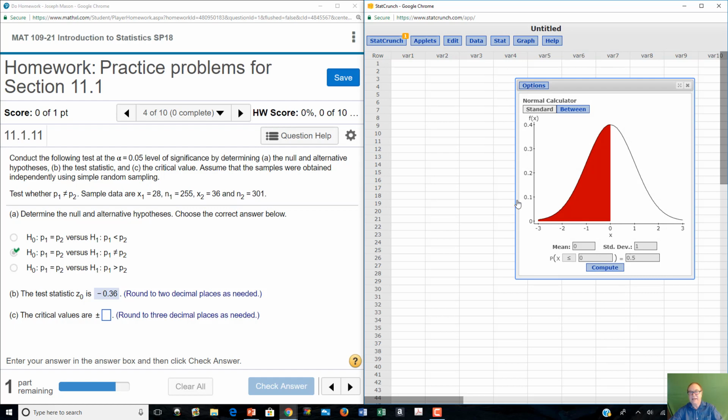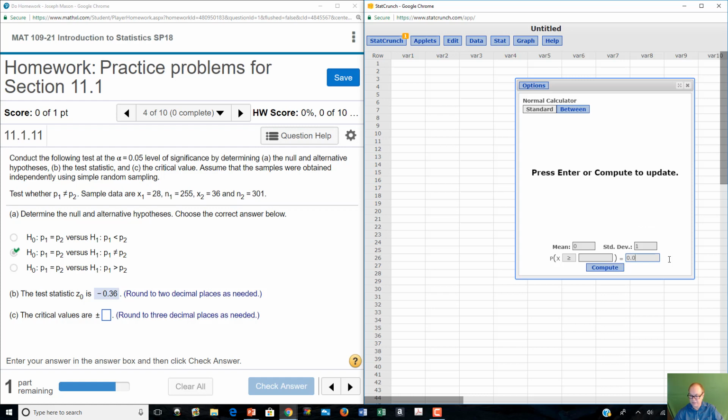Let's say alpha was 0.05. That's the total area. So if this is a 2-tailed test, we have to split that in half. So for the area to the right, greater than or equal, it's half of 0.05, which is 0.025. Click Compute. So that's 1.96.